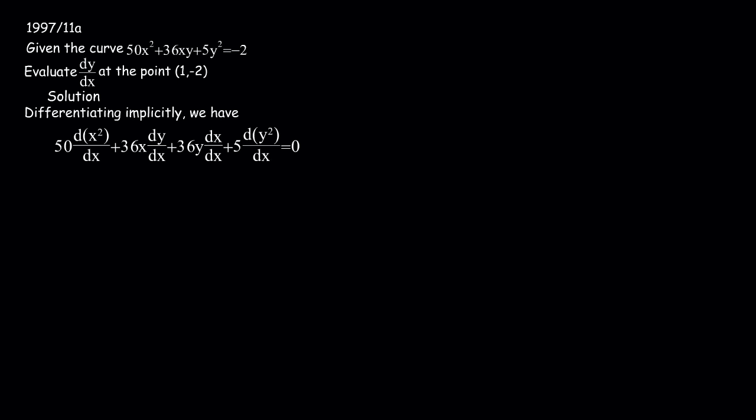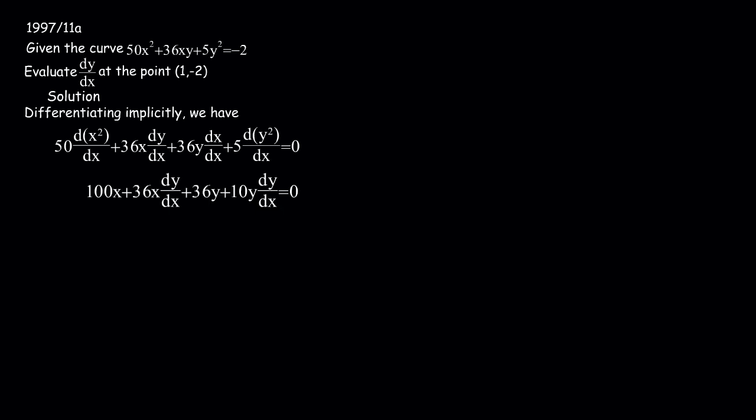That will be differentiated with respect to s and differentiated with respect to y. Doing so, it becomes 36s dy over ds plus 36y ds over ds plus 5 dy squared over ds will be equals to 0.